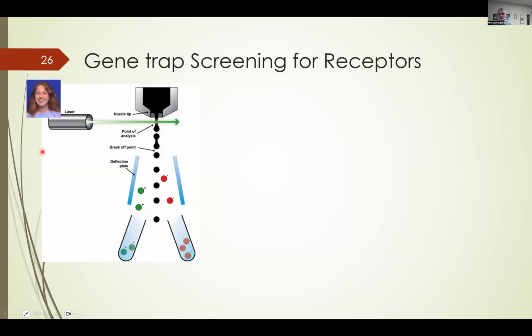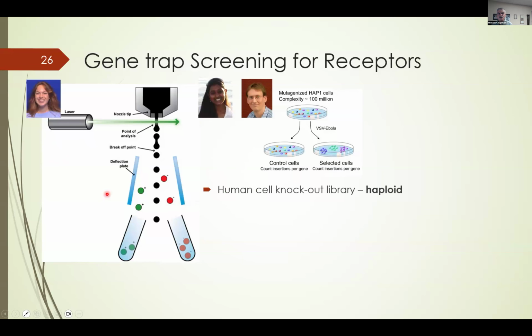So Nancy Meyer, who at that time was in my lab, teamed up with Sarika Pillay, a postdoc in the Stanford laboratory of Jan Karet. And the approach that they took was as follows.